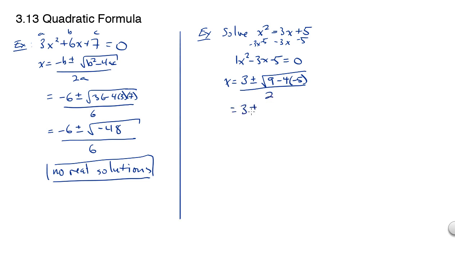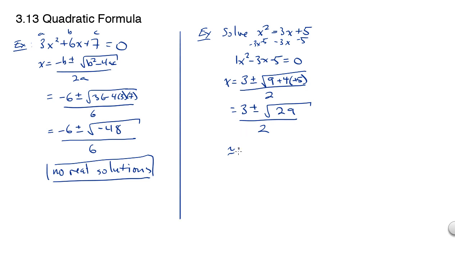So this is 3 plus or minus 9 plus 20. That minus 4 times negative 5 makes it plus. So this is 29 inside here, all over 2. Now that's pretty much it. You could write it as 3 plus the square root of 29 over 2 and 3 minus the square root of 29 over 2. Or you could write it as decimals.